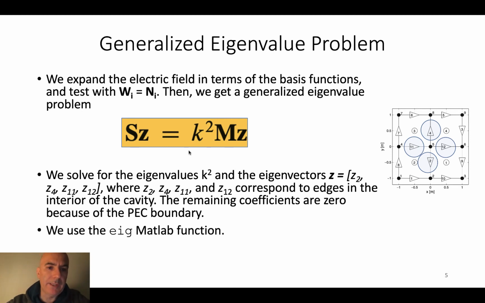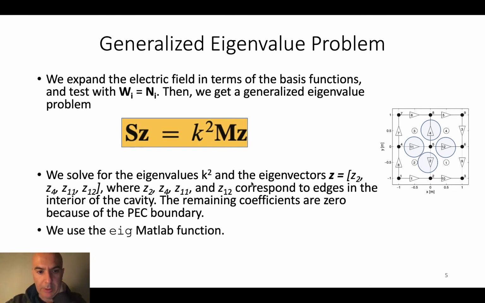So we solve this eigenvalue problem for the eigenvalues K squared and the eigenvector Z equal to Z2, Z4, Z11 and Z12, where these unknowns correspond to the edges in the interior of the cavity, right?